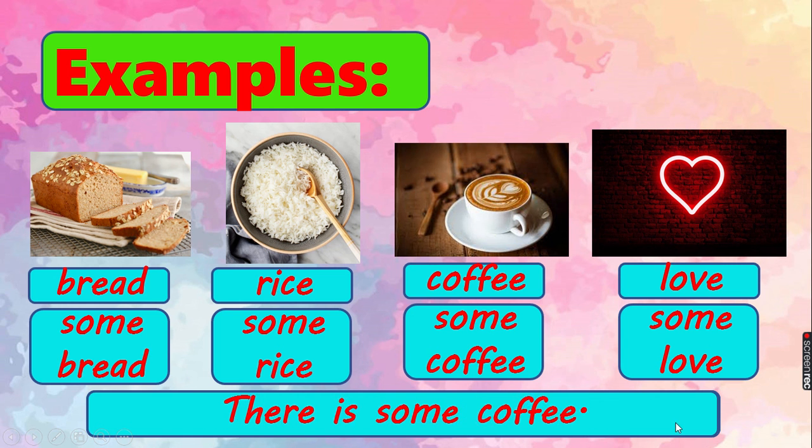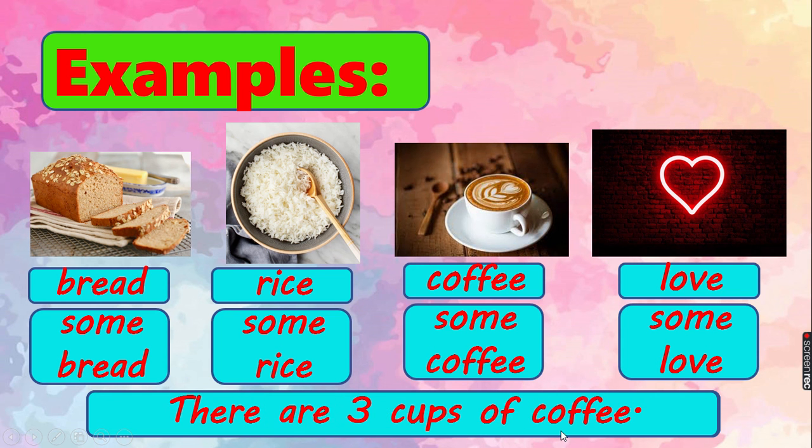Okay? There is some coffee. Remember, it's is some coffee. We can say, there are 3 cups of coffee. We didn't count coffee. We counted cups. How many cups of coffee did you have?